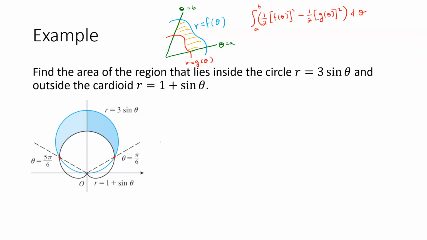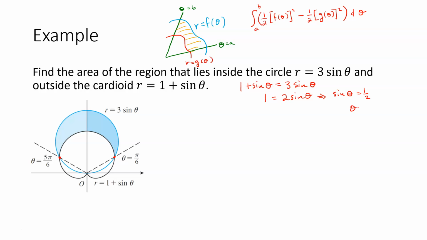Which, by the way, how would we find those points? We set the 2 equations equal to each other. So the cardioid 1 plus sine theta equal to the circle 3 sine theta, and then 1 equals 2 sine theta, I get sine theta equals 1/2.